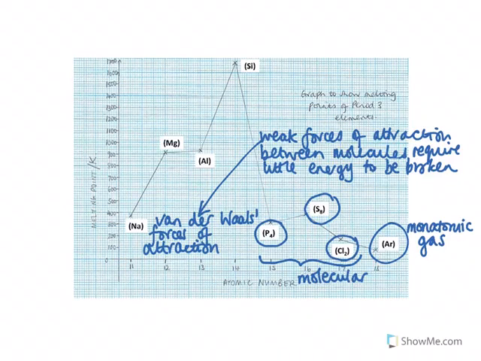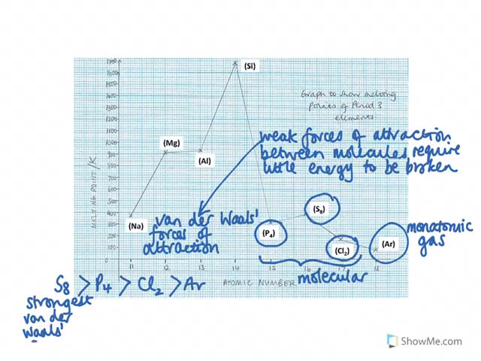And so in terms of the strength of those van der Waals forces of attraction, S8 has the strongest forces, then P4, then Cl2, and then Ar, because S8 has got the strongest van der Waals attractions between the molecules, whereas Ar has got the weakest van der Waals forces of attraction between its atoms because there are fewer electrons present.